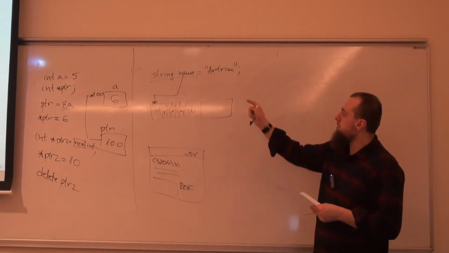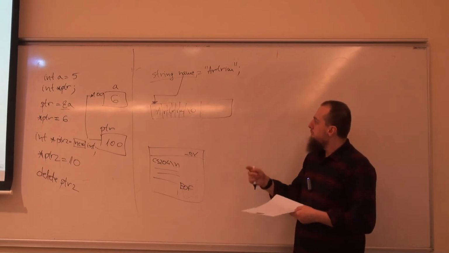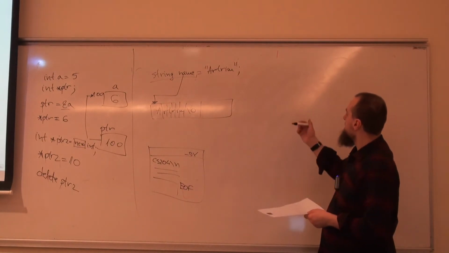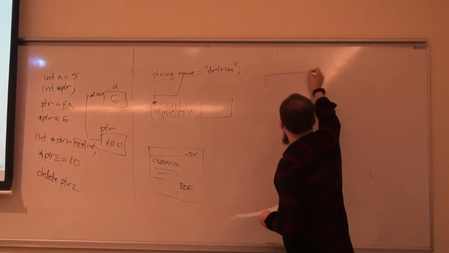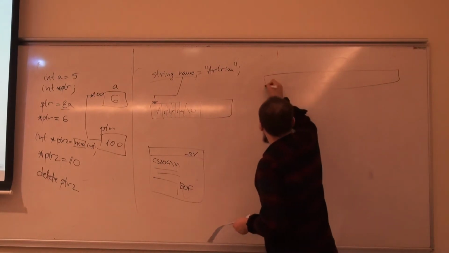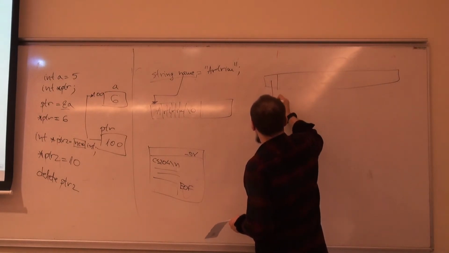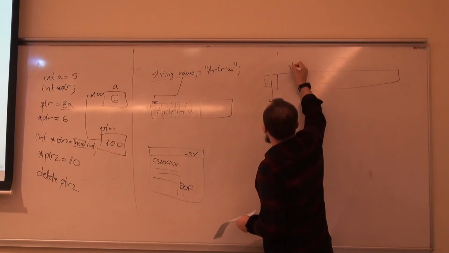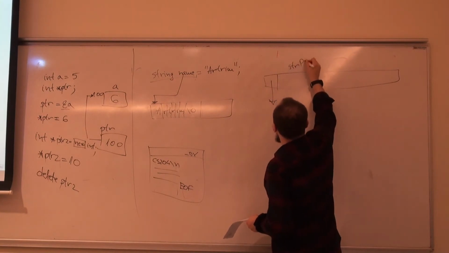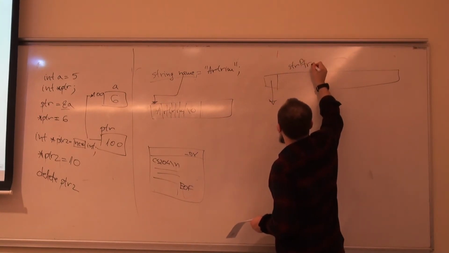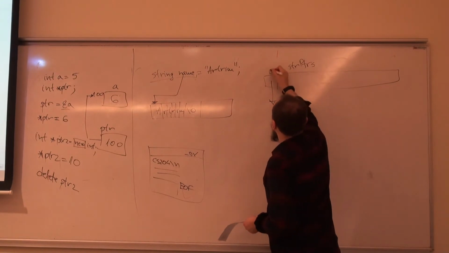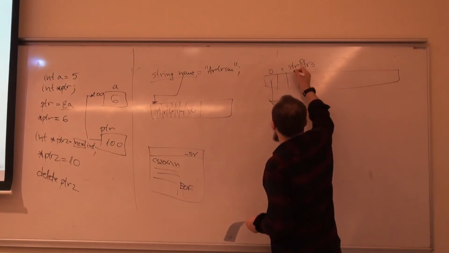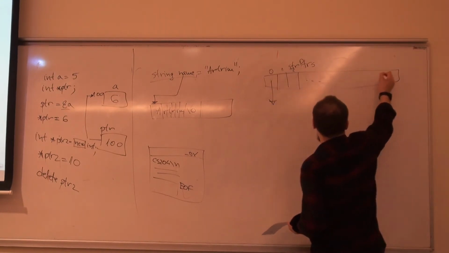Okay, this is only one string. But what if you want to have something like this? An array. We have here string pointers: index 0, index 1, index 2, and so on.